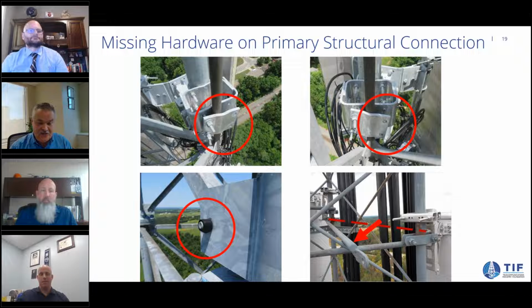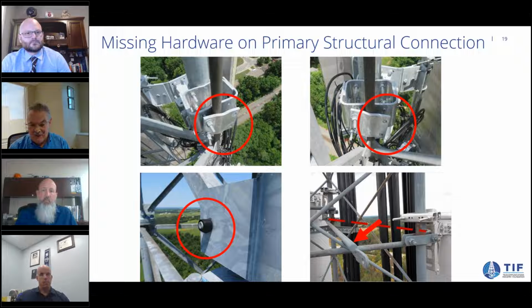I mean, as a structural engineer, this is the worst thing you can see, because now you have a member that's not able to carry the load it was designed for. And you'll have a situation under certain wind directions and design wind load where that leg that was supposedly braced by that member is no longer braced. You could have a buckling failure and cause partial collapse of the tower.